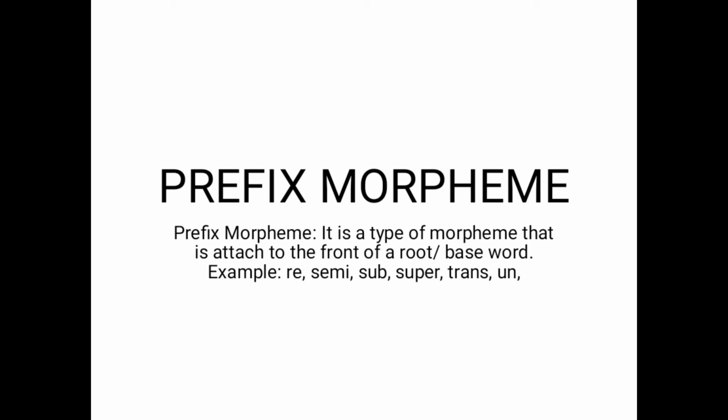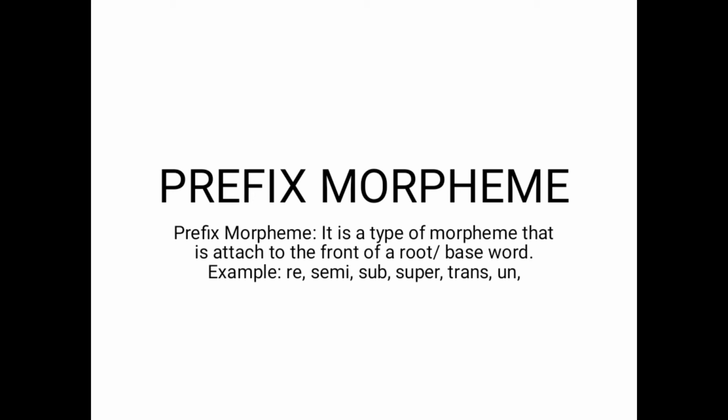It is attached to the front of a root or base word. And we can have examples like re. So when you attach it to a word like gain, you will get regain. Right, you will get regain.